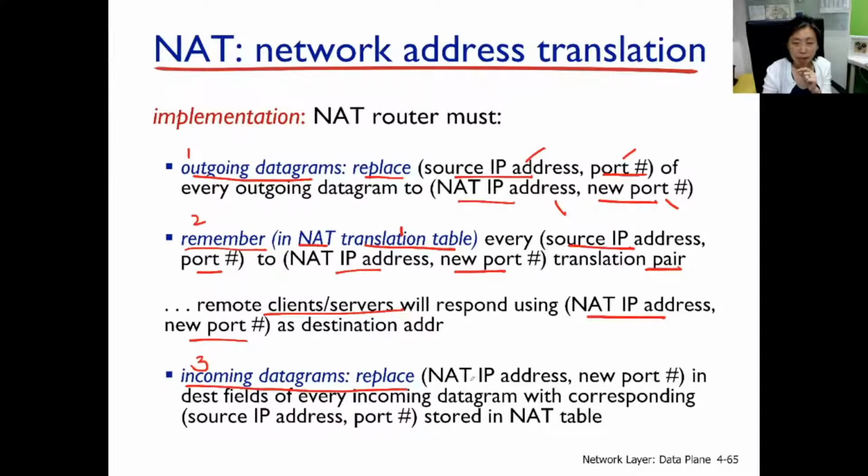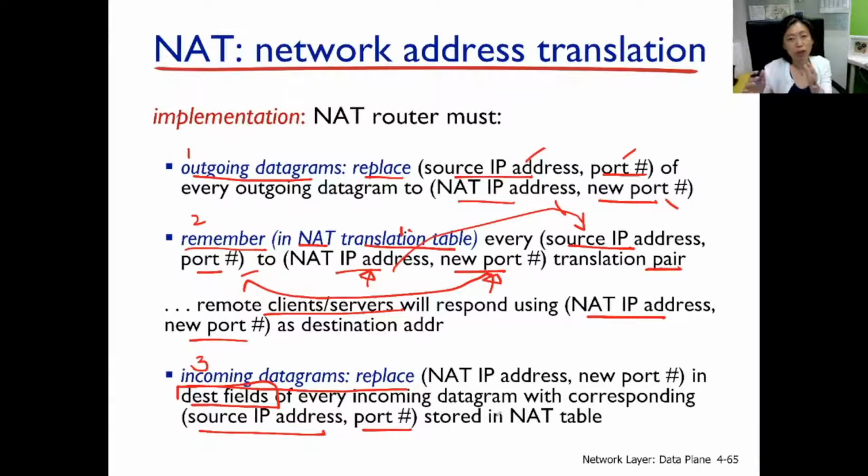The NAT box is going to look up the table and find the pair. It matches this IP address and this new port number, and therefore translates the IP address back to the corresponding source IP address, and translates the port number to the corresponding original source port number. So the destination fields are replaced by the original IP and the original port number. That packet then will travel the local network and reach the destination.